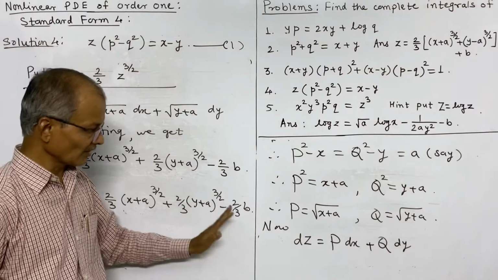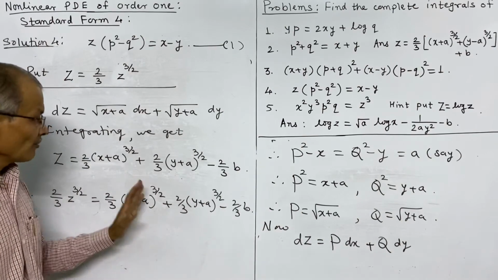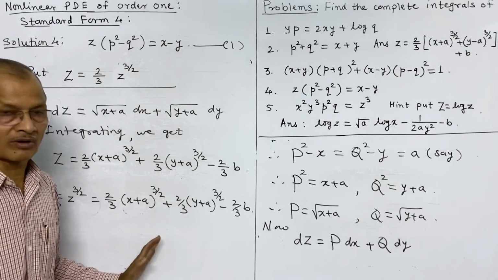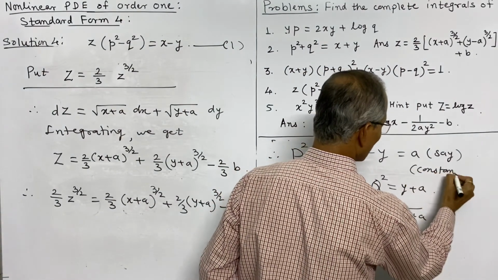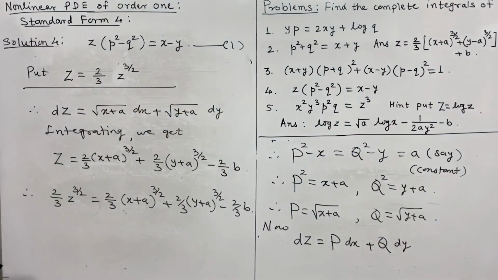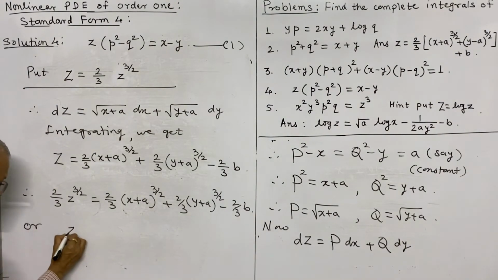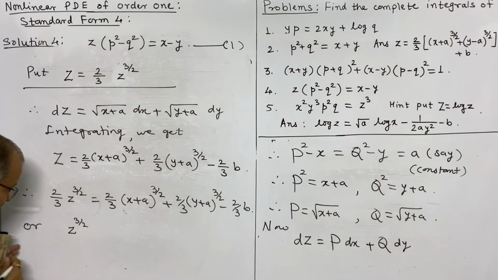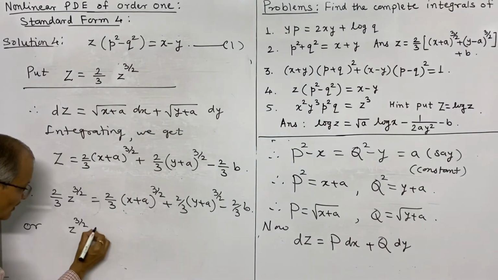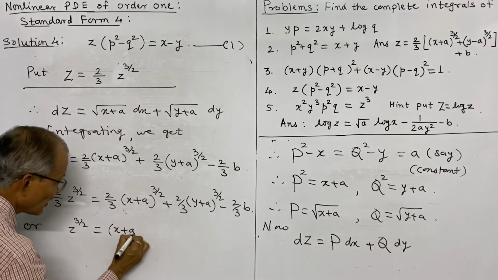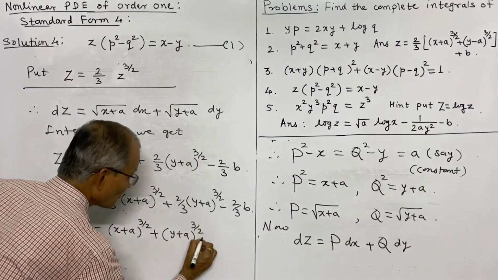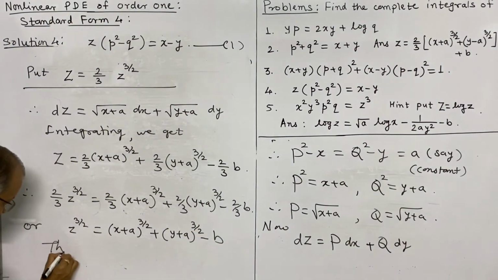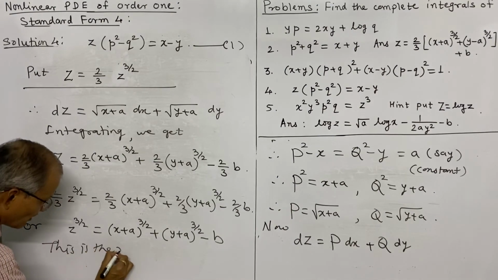We can keep b here and write this as plus or minus. Why? Because remember here a and b are arbitrary constants. Here we assume this as a constant. B is also constant. It is arbitrary constant. And z to the power 3 by 2, this is now small z, is equal to x plus a to the power 3 by 2 plus y plus a to the power 3 by 2 minus b. This is the required complete integral.